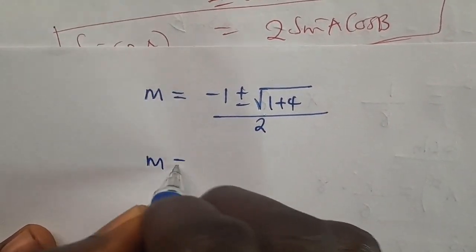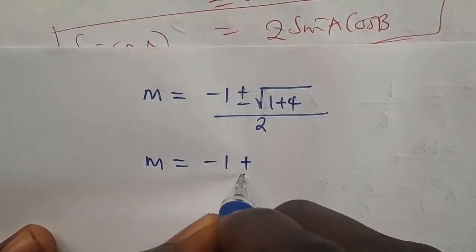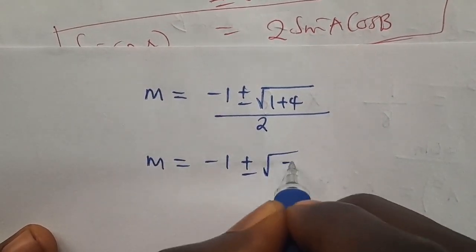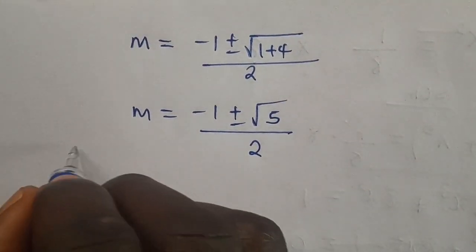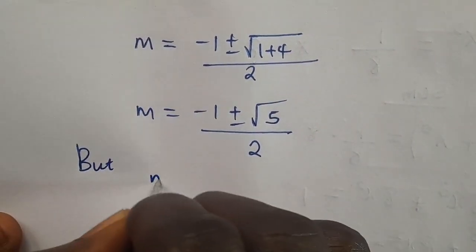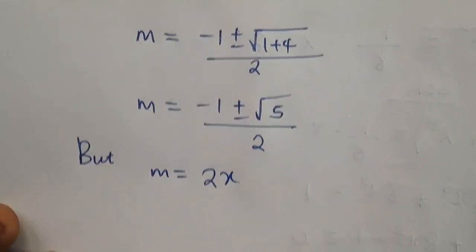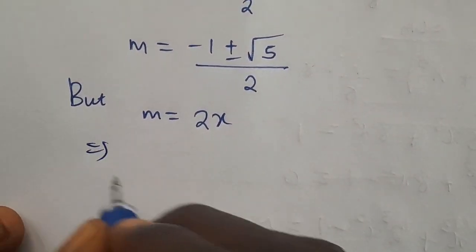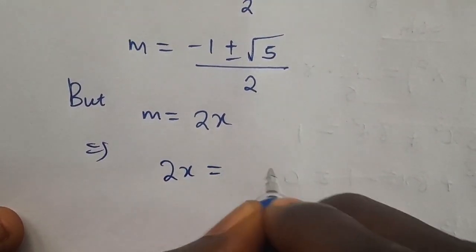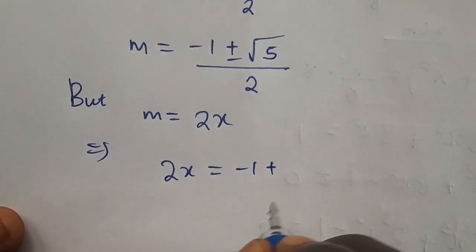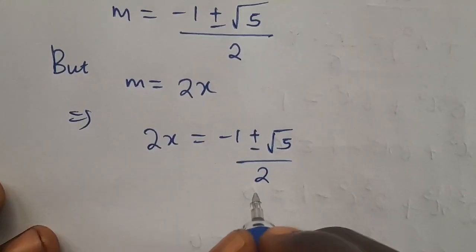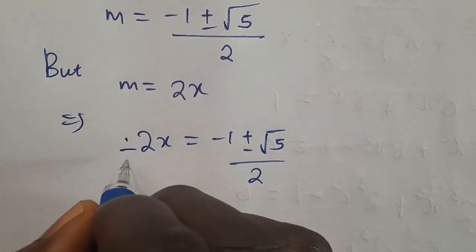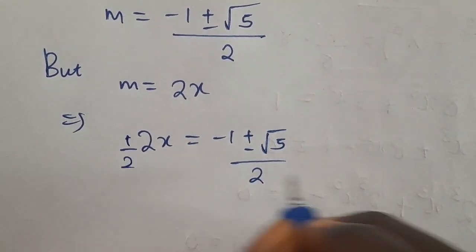So we have m equals minus 1, positive or negative, square root of 5, divided by 2. But m equals 2x, so this implies we have 2x equals minus 1, positive or negative, square root of 5, divided by 2. Then multiply this by 1 over 2.